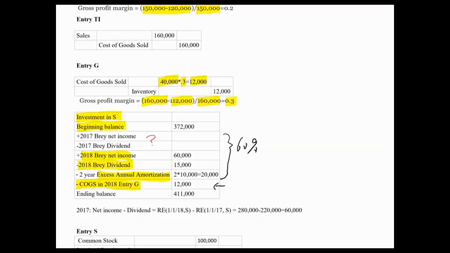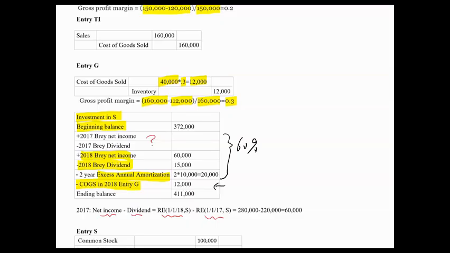Remember that the equation for retained earnings is that the ending retained earnings equals beginning retained earnings plus net income minus dividend. So I just reorganized that equation, and we can calculate this net income minus dividend equals ending retained earnings minus beginning retained earnings. Both numbers are given.